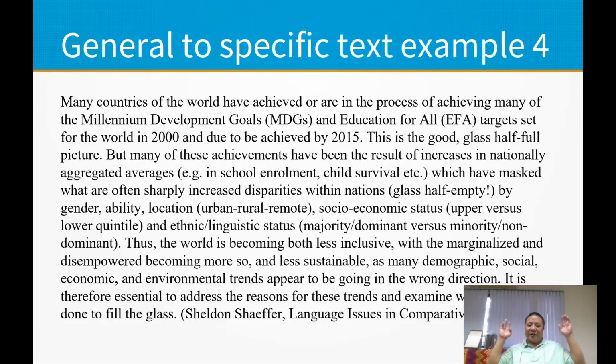So, the first sentence is very broad and the paragraph provides more details, and those details are narrower. But then in the end, it broadens out. Okay, so that's what we mean by general to specific texts.